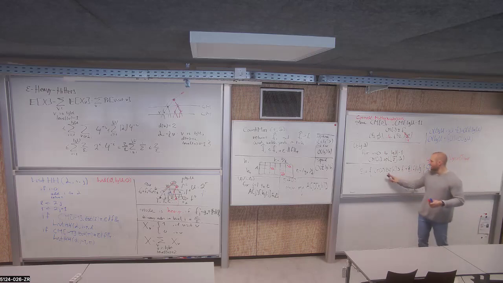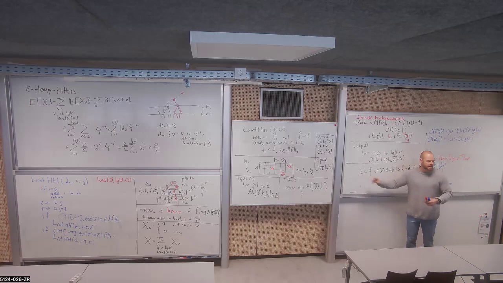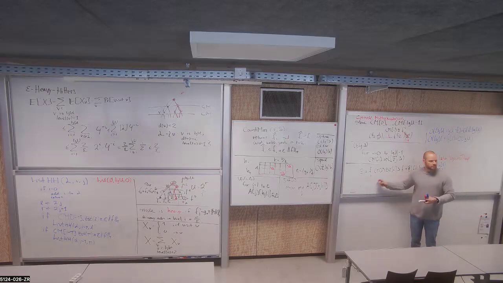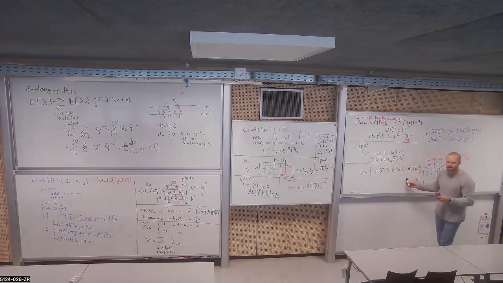This event has to happen for us to accidentally put i into the output list. So we can do the same analysis where we just union bound over all these events, because we didn't change the CountMin at level 0. CountMin level 0 still has this tiny failure probability, so we can just reuse the same analysis. That's fine.